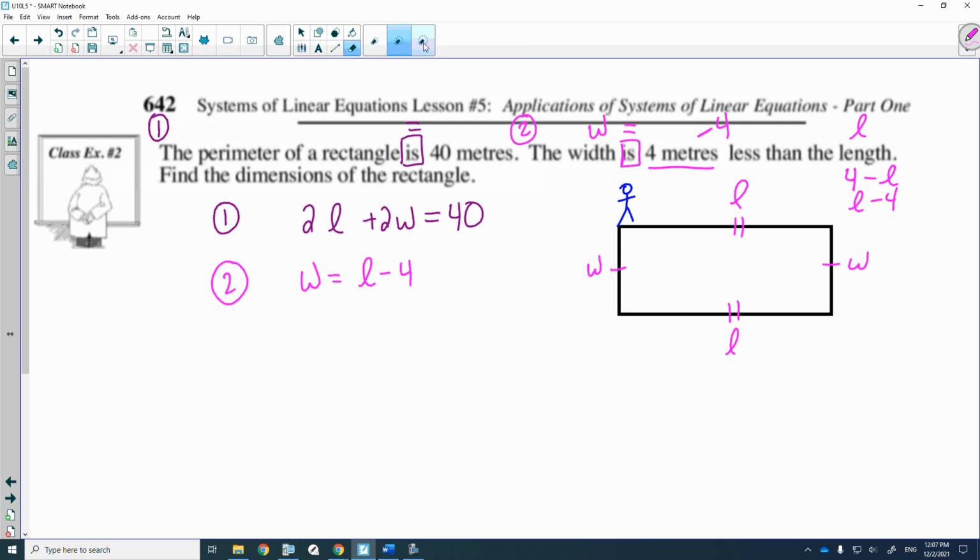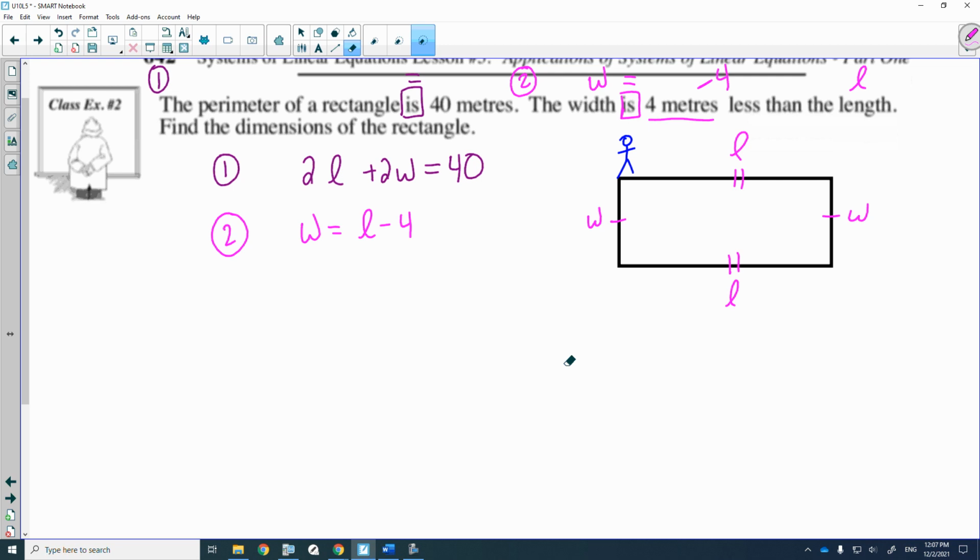How is this set up to solve? Substitution or elimination? What do you guys think? The way it's set up. Substitution again. I figured out what W is, right? This is set up perfectly for substitution. So let's do substitution again. We know that this is what the width is. And here is the width.